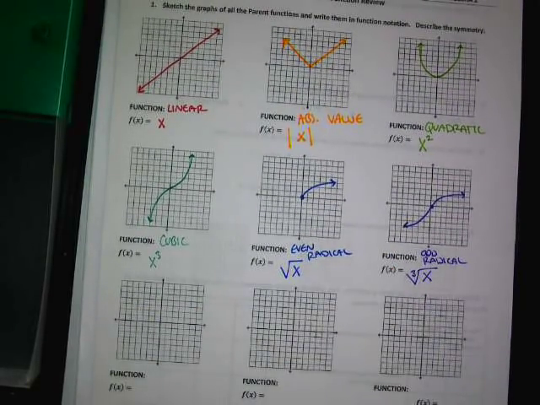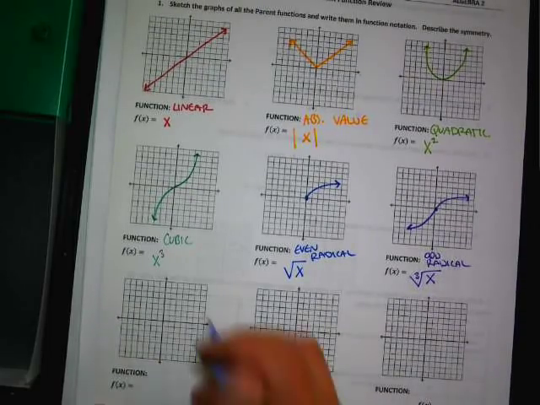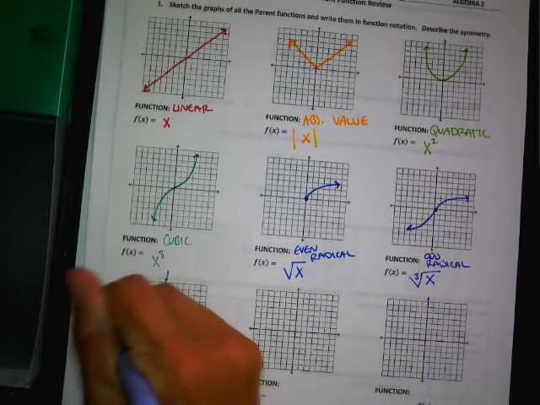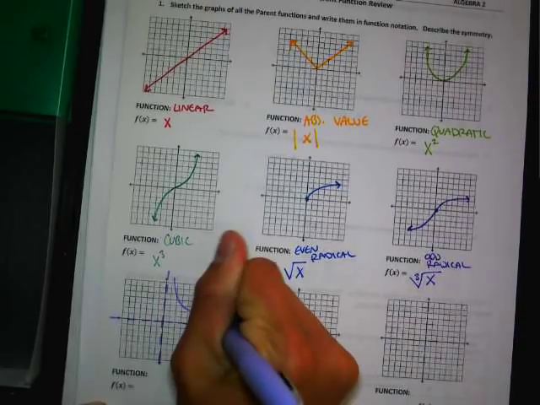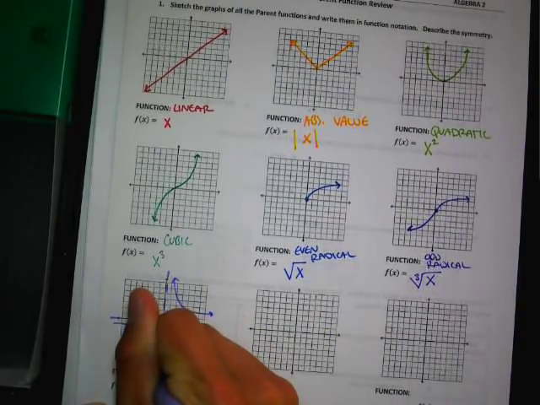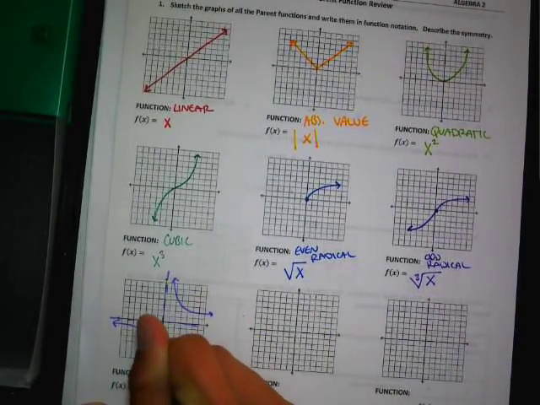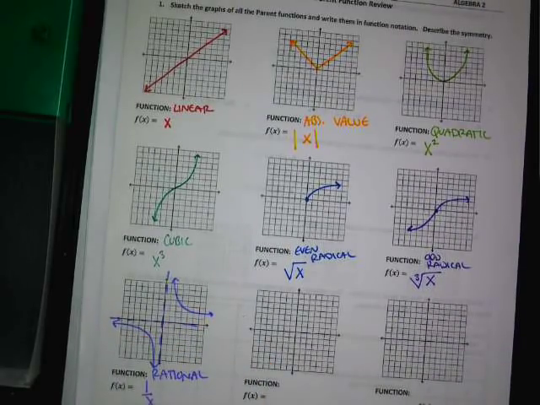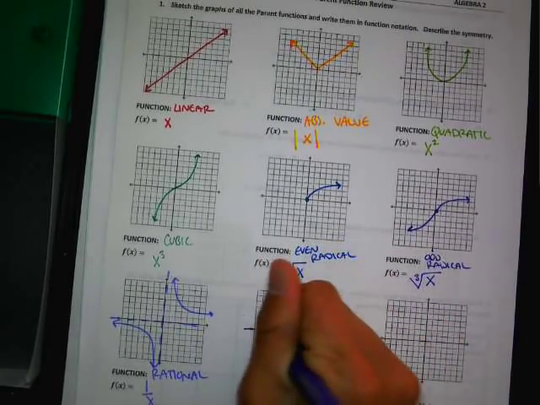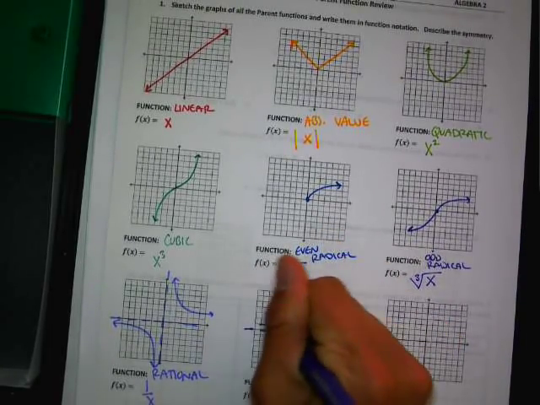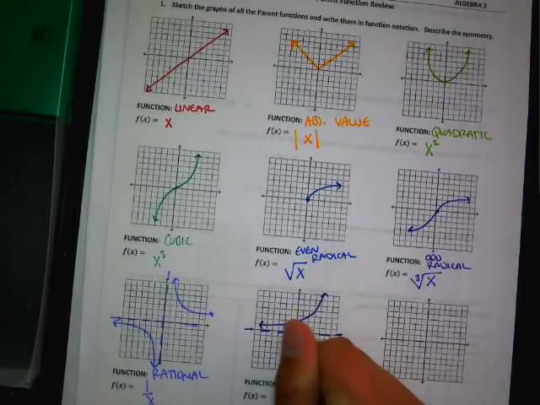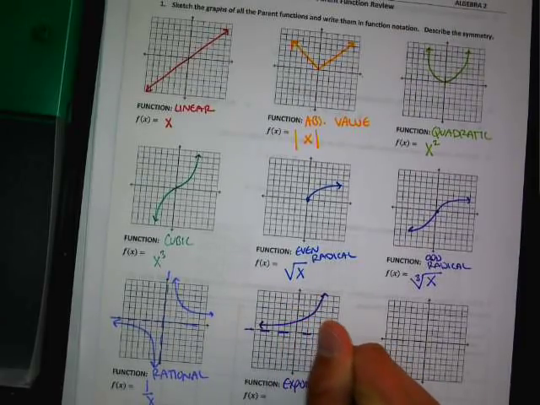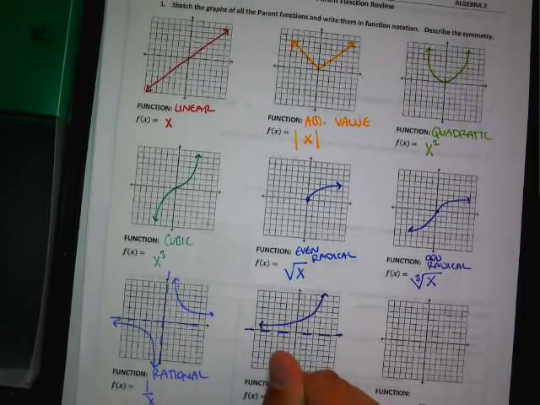All right, the last three are all going to have asymptotes. So first we have rational, which has 2 asymptotes. One over x, exponential, any number to the x power.